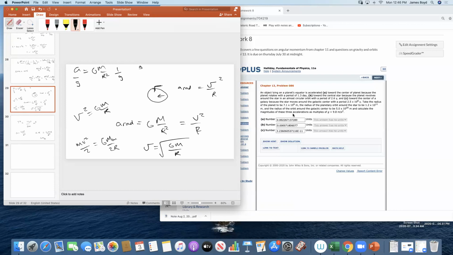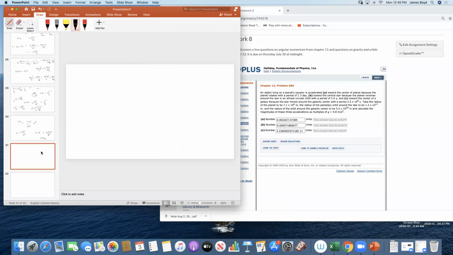And it wants us to calculate the accelerations. So it's giving us the period, it's giving us t squared. Actually, I take that back. We know that t is 2 pi over omega, or t is 2 pi r over v, right?